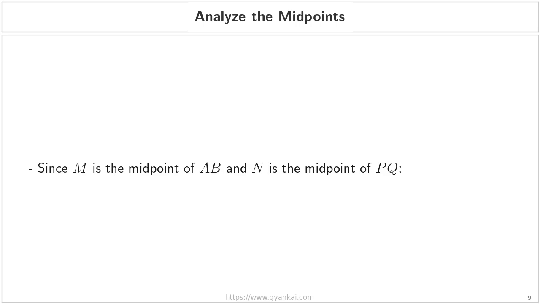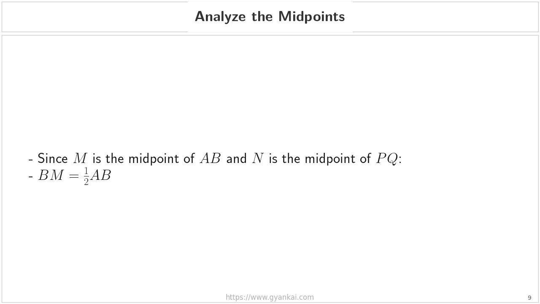Analyze the midpoints. Now, let's take a closer look at what it actually means for these lines to be medians. Remember from our definition that a median connects a vertex to the midpoint of the opposite side. So, in our two triangles, we have point M acting as the midpoint of side AB, and point N acting as the midpoint of side PQ. Because these points are midpoints, they essentially split their respective sides into two equal parts.